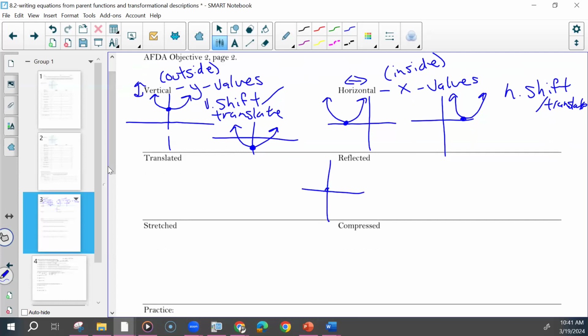If this is the original, reflected would be at the same place, but upside down. This would be a vertical reflection, or a reflection over the x-axis.